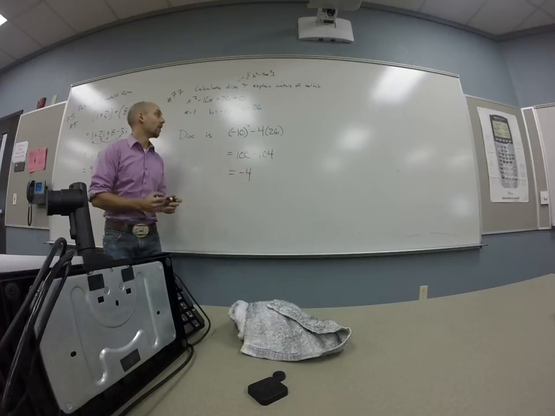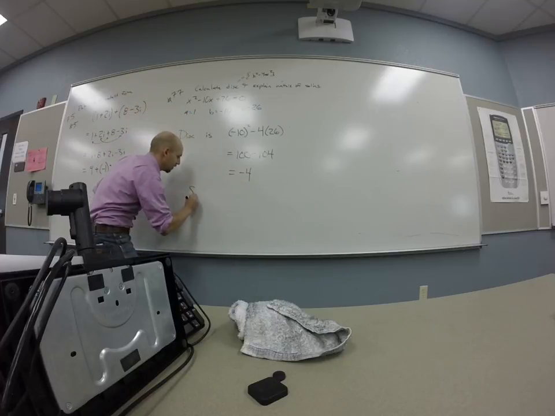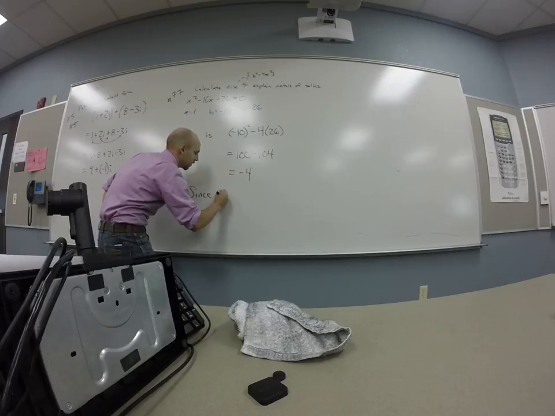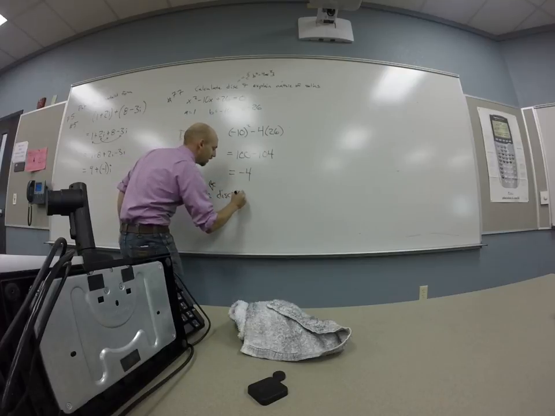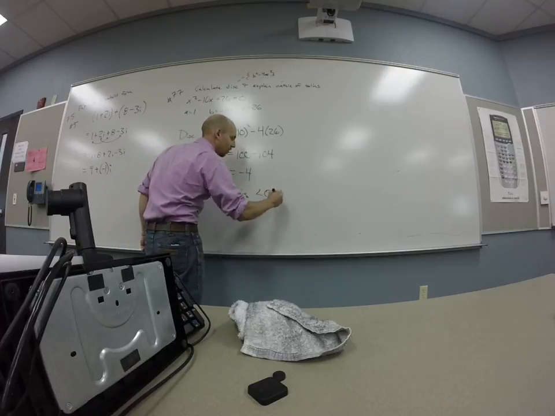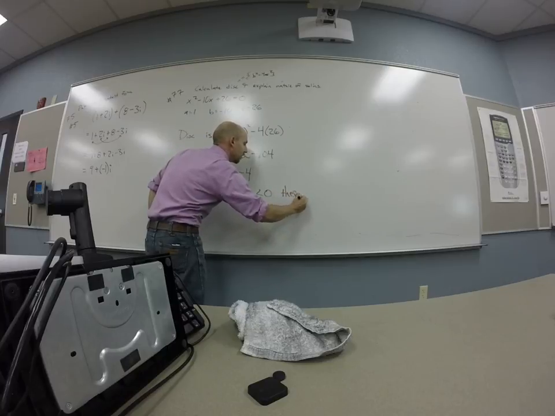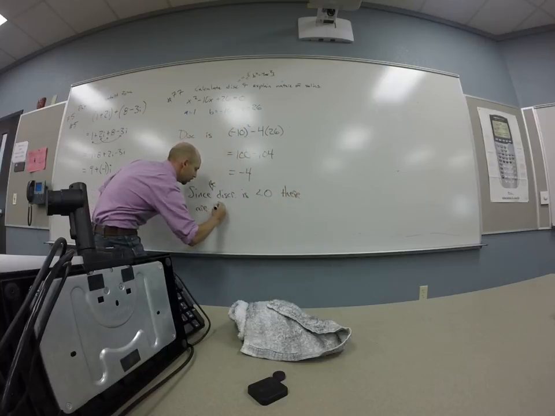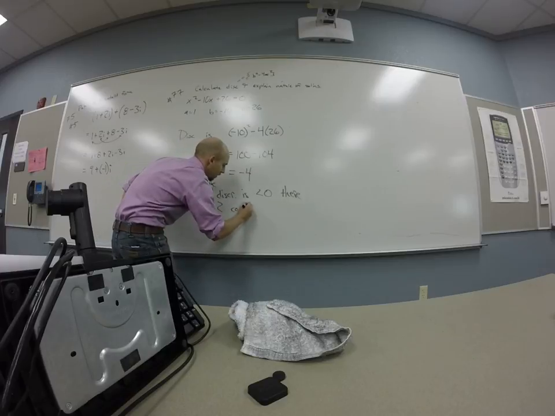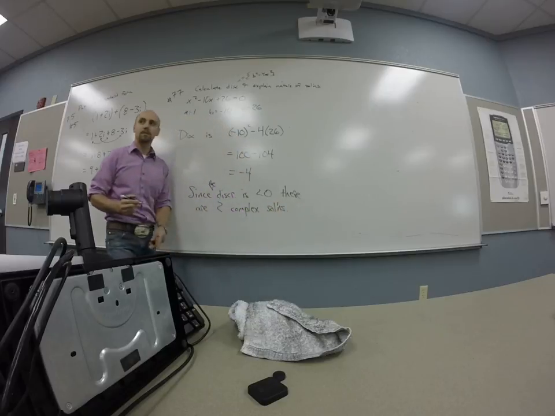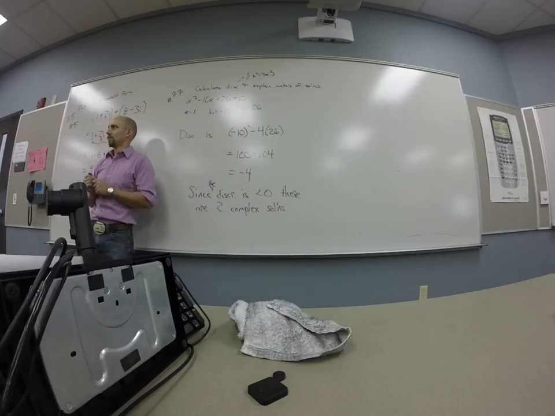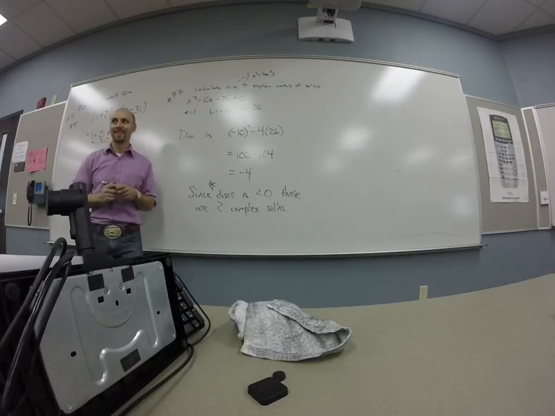So since the discriminant is less than 0, there are 2 complex solutions. Cool with that? What are the other options?